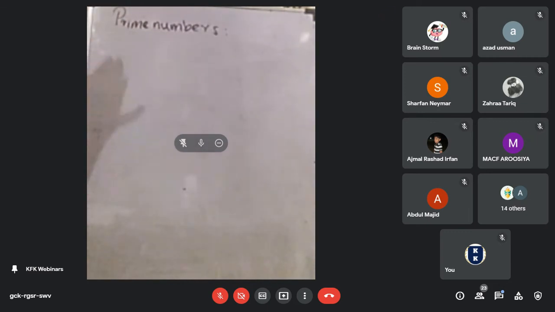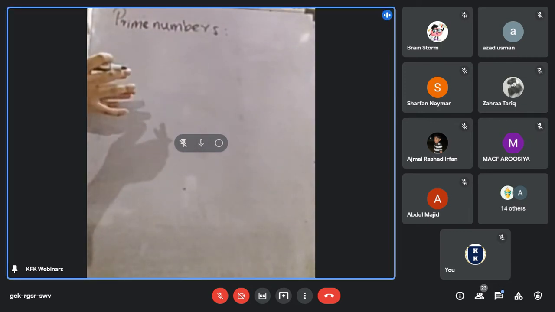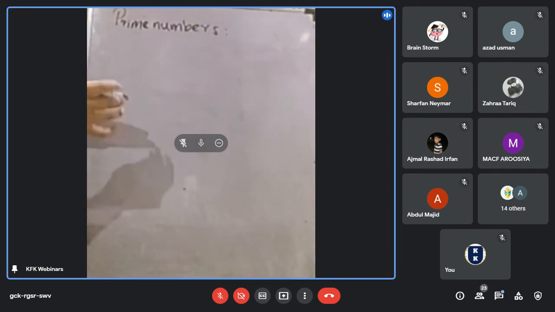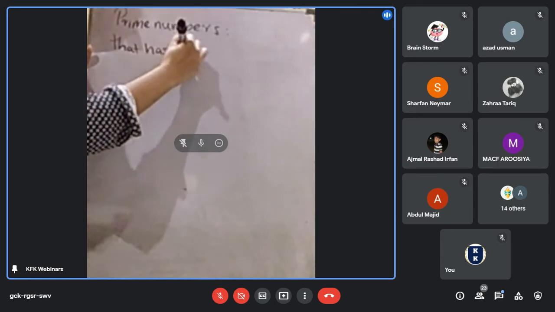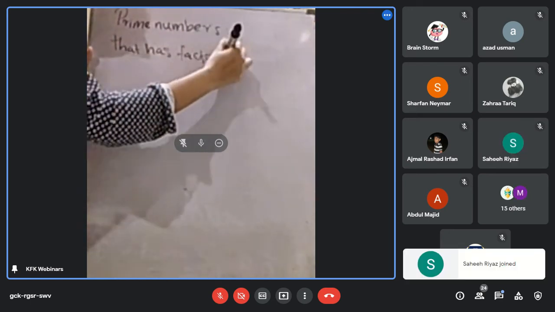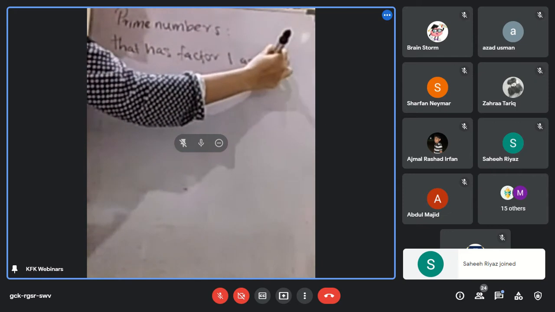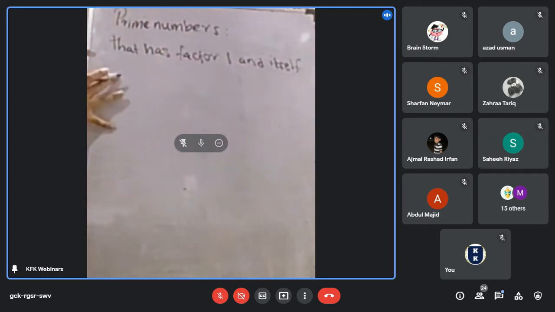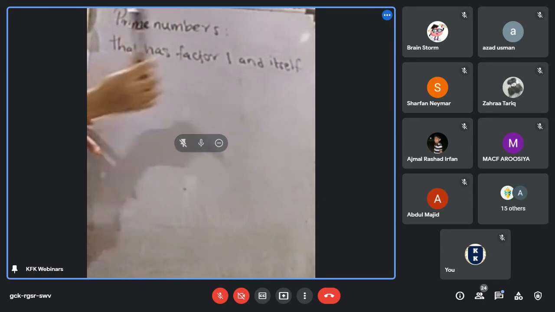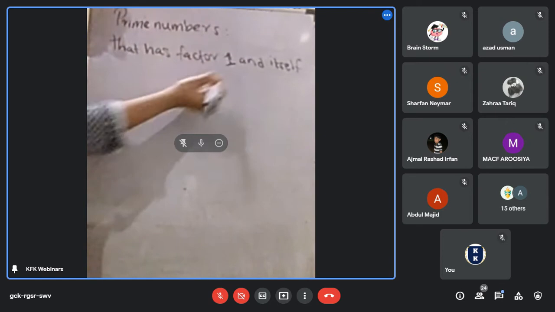More specifically, we can say that prime numbers are numbers that have factors 1 and itself. A very specific answer for what prime numbers are: prime numbers are numbers that have factor number 1 and itself.